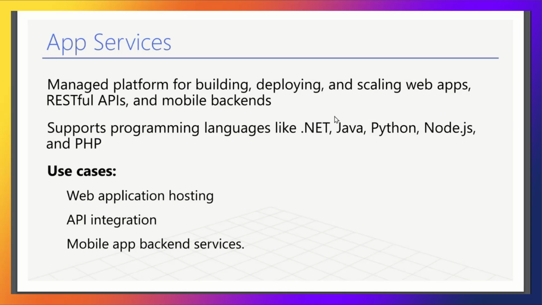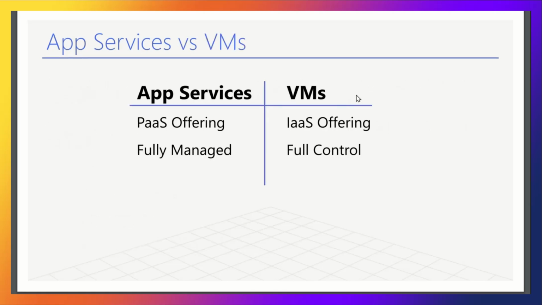All right. App services. Manage platforms for building, deploying, and scaling web apps, RESTful APIs, and mobile backends. And it supports a lot of different languages. You can use it for your web application hosting needs. If we were going to compare this to VMs, this is a platform as a service offering.